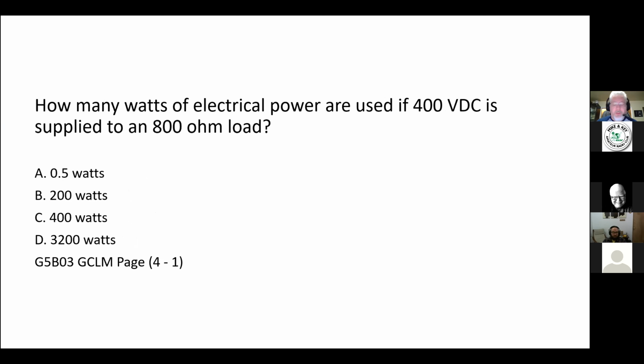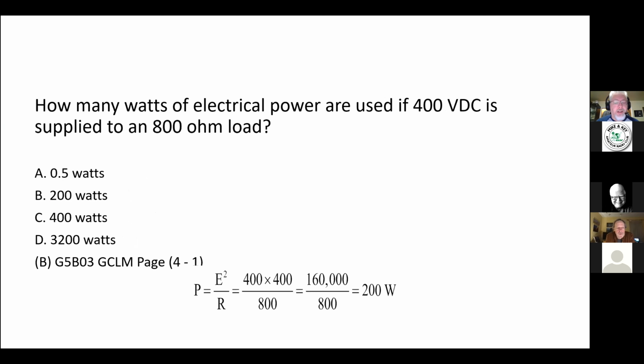A, 0.5 watts, B, 200 watts, C, 400 watts, or D, 3,200 watts? Bravo is correct. It's 200 watts, and then I went ahead and put the math.